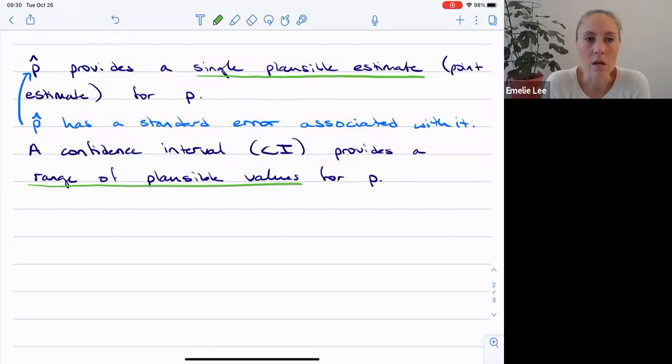One thing to keep in mind is we still don't know what P is. So that's kind of a problem. We have this range of plausible values, but the sample proportions all move around, right? They come from a normal distribution. Some sample proportions happen out in the tails, so even if we cast a net around that sample proportion, we might not be capturing the population proportion.